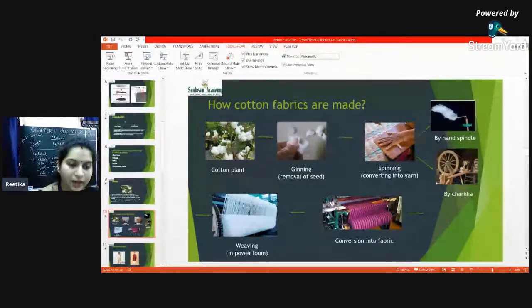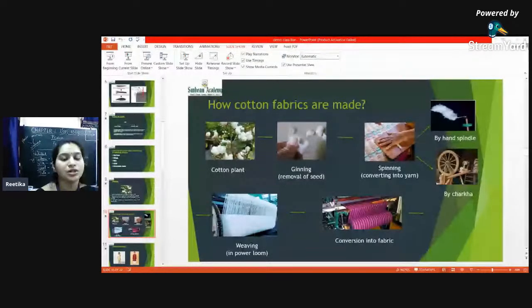Okay? Now, when the seeds are removed, we will spin it. What is spinning? See, when we take cotton, we just twist it like this. So when we twist it like this, it will form a yarn. Clear? It can be done by two processes.